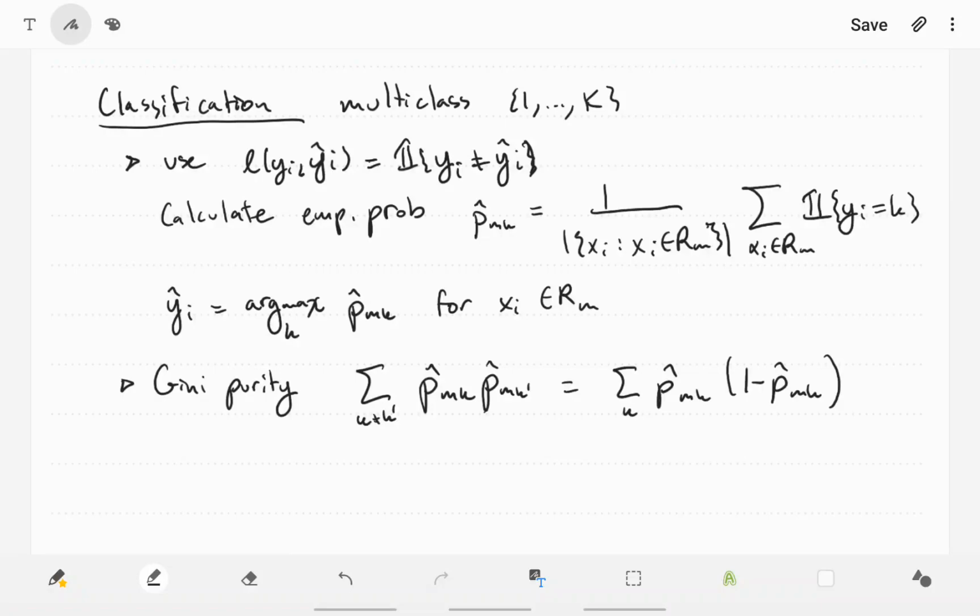What this ends up being is a measure of how closely this region is entirely one class.